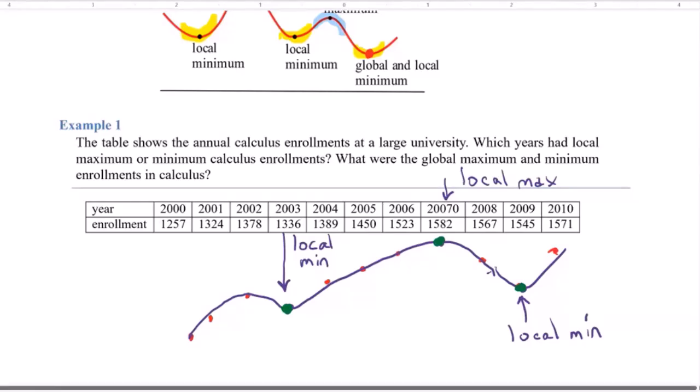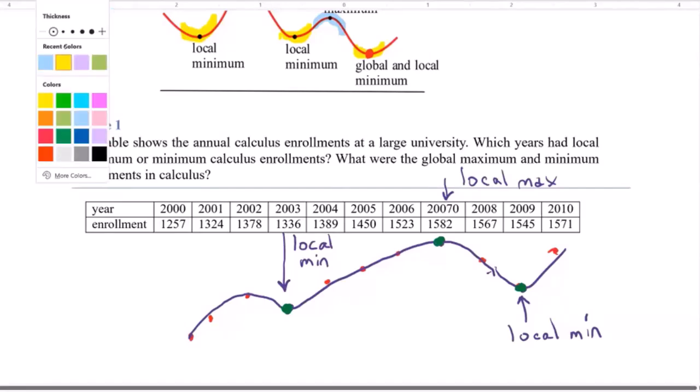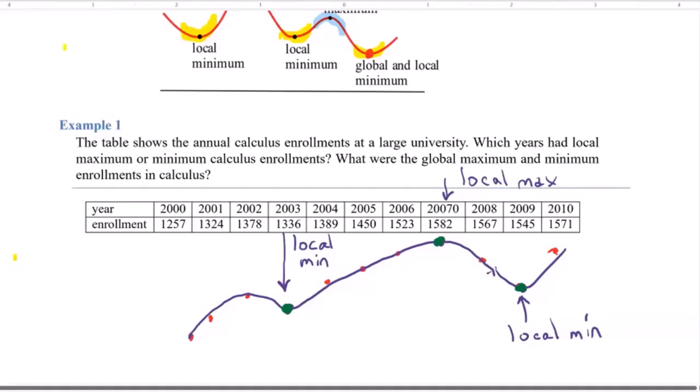Now, that actually takes care of what years had local maximum or minimum calculus enrollments. The answer to that question would be 2003, 2007, 2009.